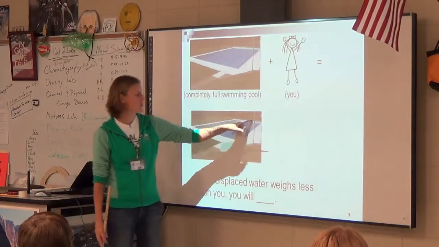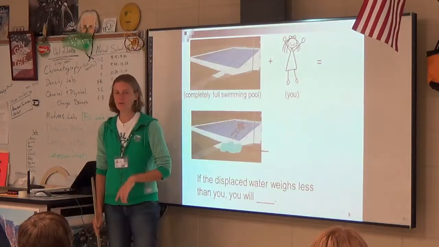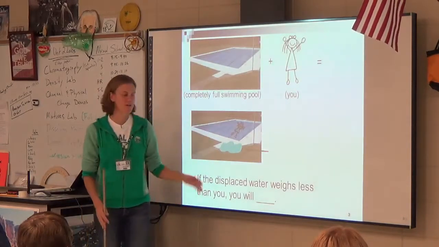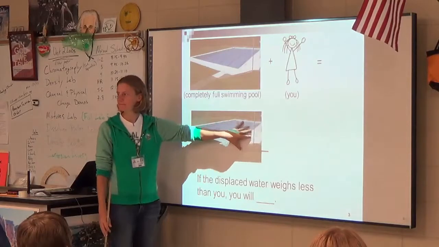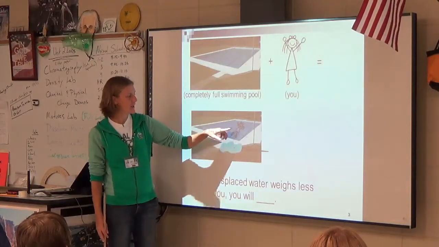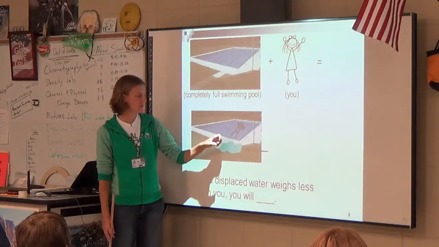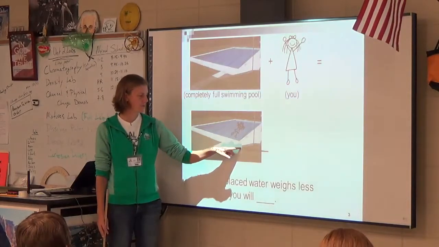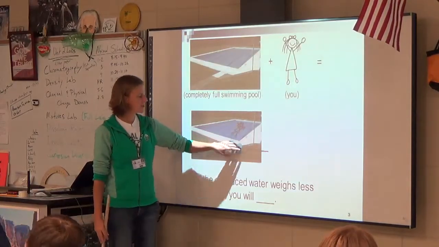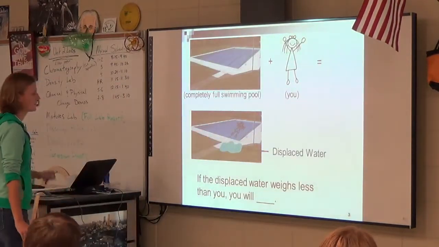So you get into the swimming pool. Well, if it was completely full to begin with and you got in, what's going to happen to some of the water? It's going to come out of the swimming pool. It's going to overflow. It was filled to the brim. Yep. So now you're in there, so that means some of the water's got to leave. So this would be like the spilled water. My computer skills right here. So this is considered the displaced water.